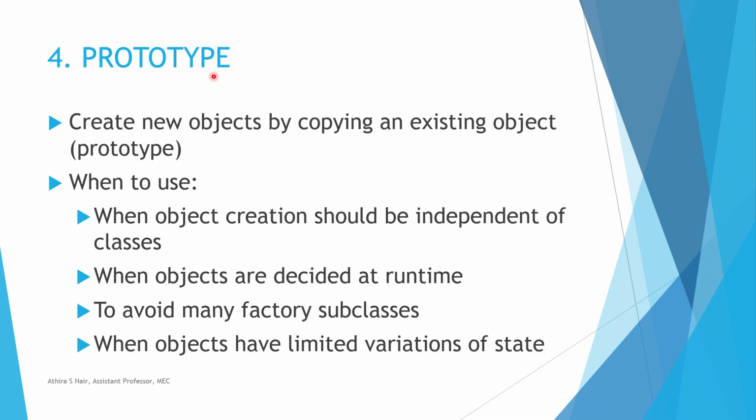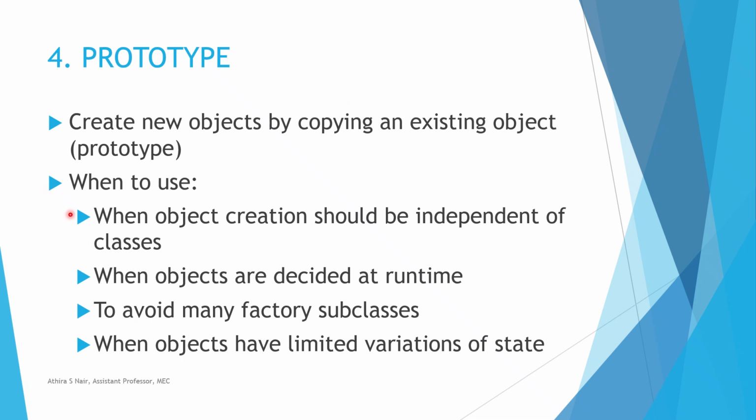The fourth type is the prototype pattern. Its intent is to specify the kinds of objects to create using a prototypical instance and create new objects by copying this prototype.